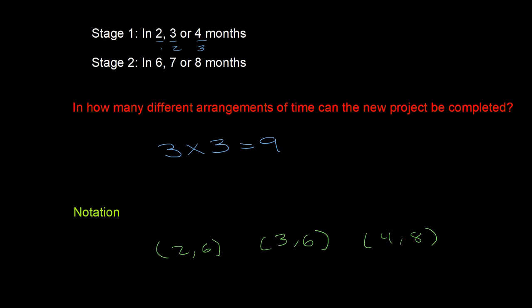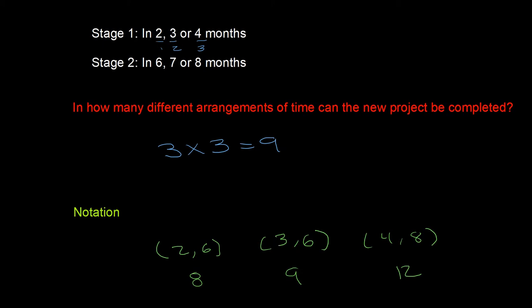So notice one more thing. If we complete the first stage in 2 months and the second stage in 6 months, then our whole project is going to be completed in 8 months, right? If we spend 3 and 6, then in 9, and 4 and 8, sorry, then in 12, and so on.